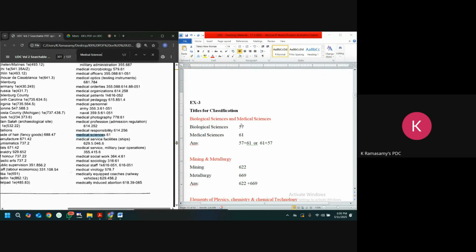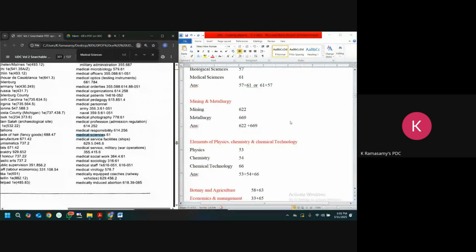So in order to join these two numbers, I make use of the plus sign. So what is the answer? 57 plus 61. If you feel that the medical points are more, that the focus on medicine is more than that of biological science, you can write 61 plus 57. Absolutely no problem. Based on your choice, you can write. So the plus symbol is used.